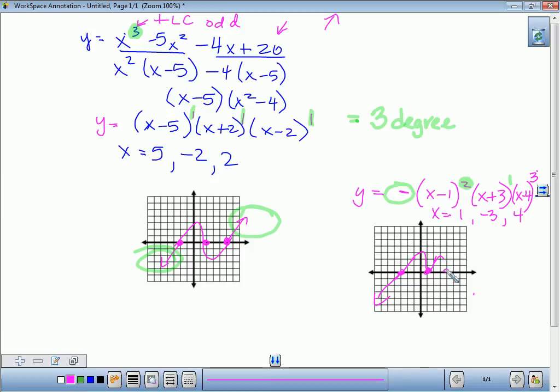Right here at positive 4, it'll still pass, but it passes with an inflection. It's got a squiggle. Wait, what did you say about this? The squiggle is when we have an odd power greater than 1.